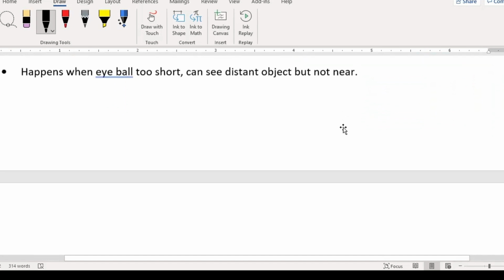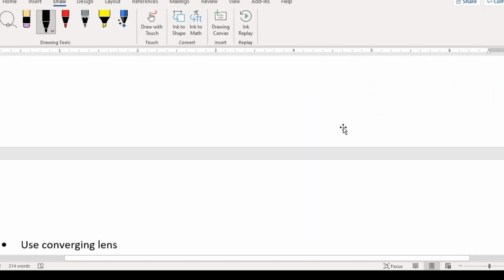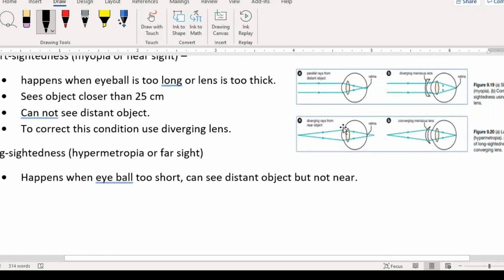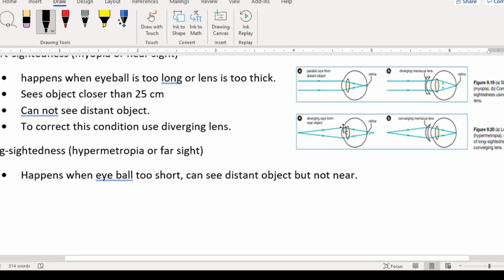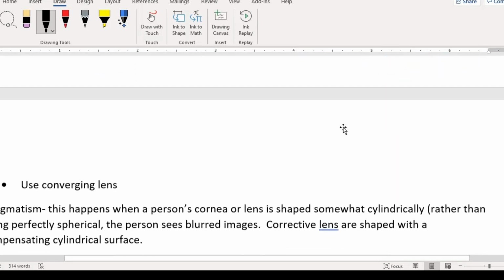What the converging lens will do is take the near objects and add a bit more converging to them, or refract them a bit more before they enter the eye, so that they can fall on the retina. So those are some of the things you can be asked to write on.